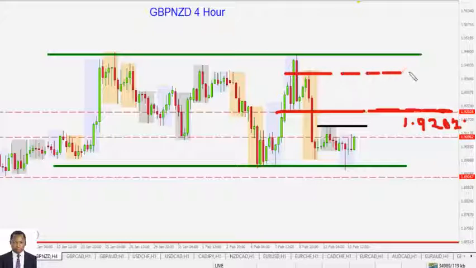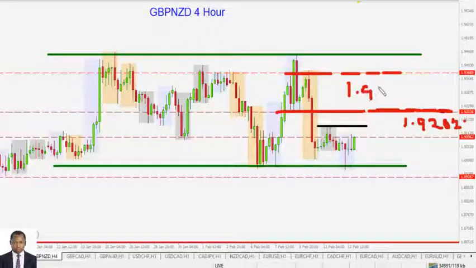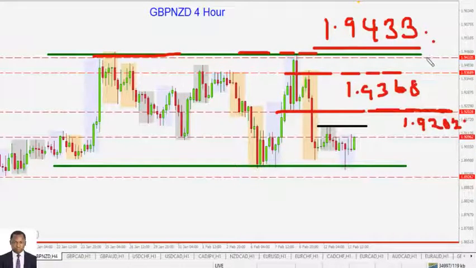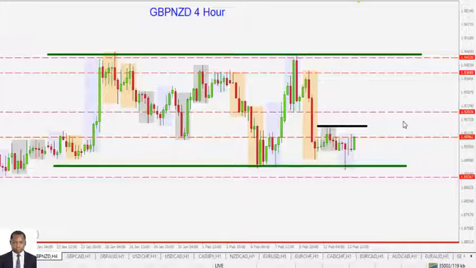Somewhere around here will be your second target level. Let me place a line there. The 1.9368 area. And the final target level is going to be just before hitting this key level of resistance, the 1.9433 area. Anyway, we are not going to be taking those profit taking levels into consideration. We are just going to pay attention to the entry and the stop loss.